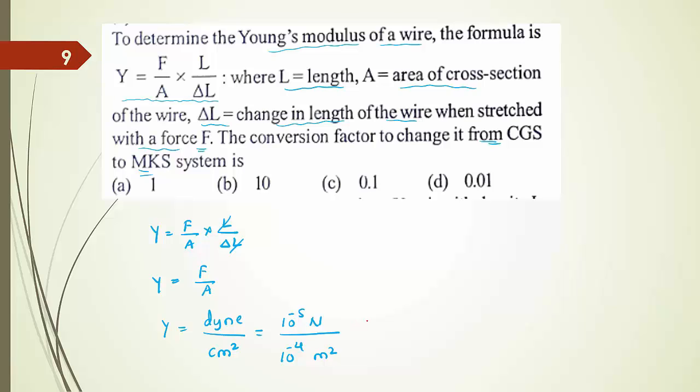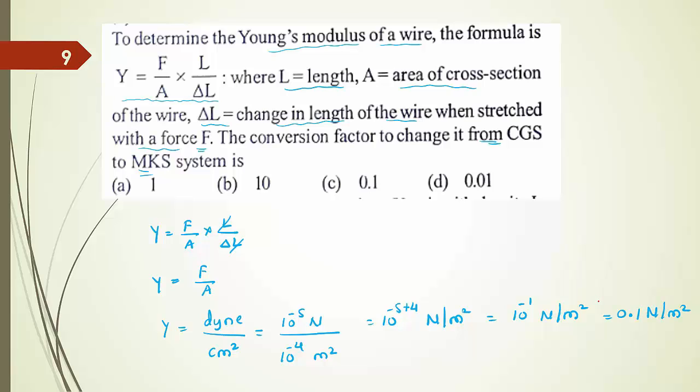Right? So 10 raised to minus 5, 10 raised to minus 4 we can take to numerator. It becomes plus 4. Remaining is Newton per meter square. Minus 5 plus 4 indicates 10 raised to minus 1 Newton per meter square, or you can write 0.1 Newton per meter square.